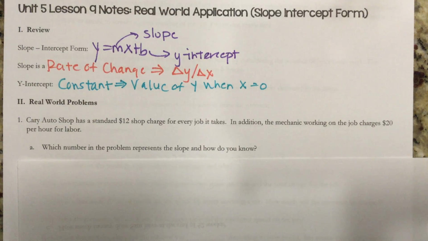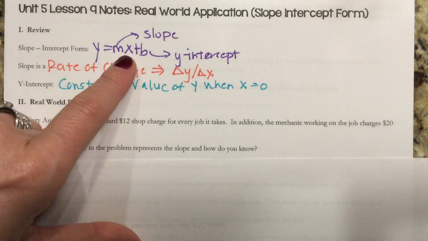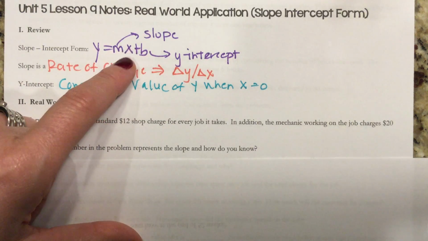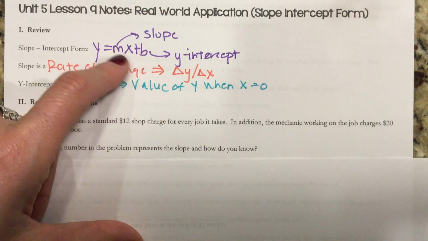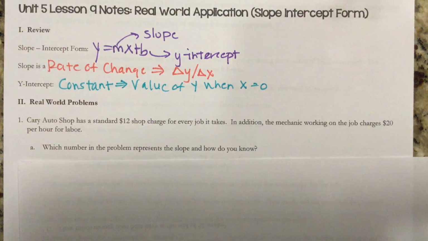Remember, the slope has a variable with it. That variable changes value, and when the variable changes value, so does the value of this term. So the slope in this expression is going to be the number that changes value depending on the number of hours that the mechanic works.